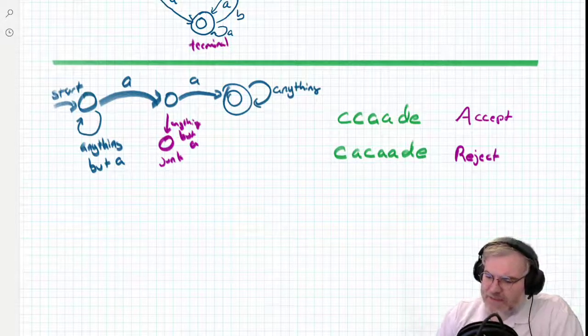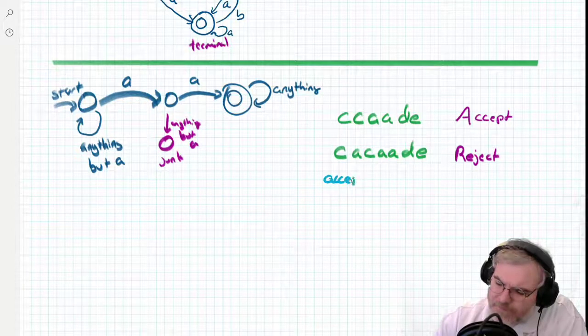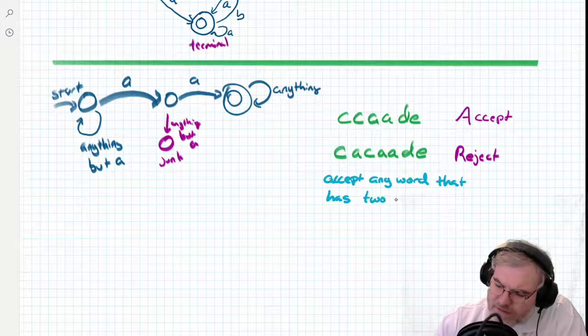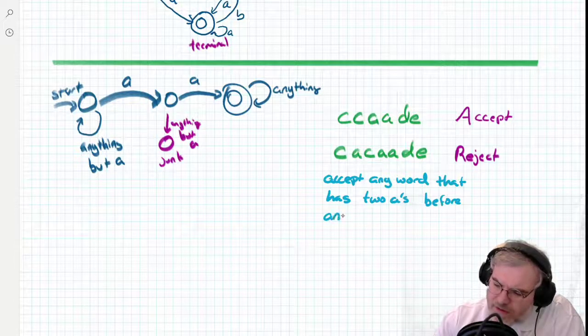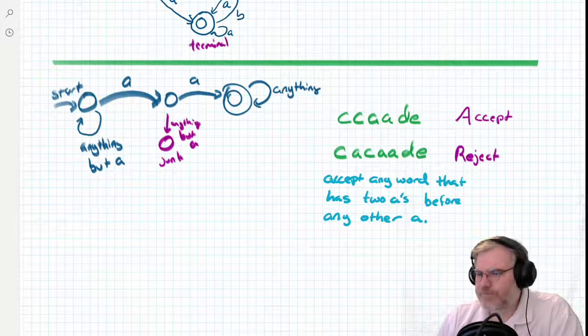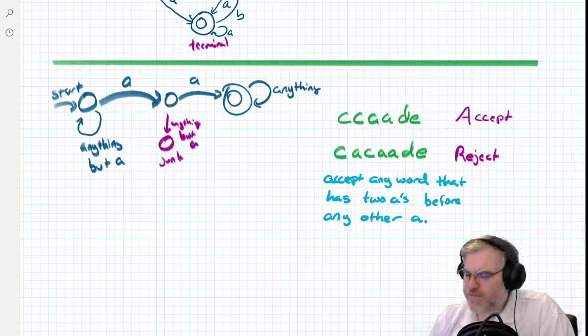But it's not anything with two A's back to back, because this has anything with two A's. Well, it's actually a little bit more than that, right? It will accept any word that has two A's before any other A. So if I wanted to do a regular expression for this, how would I do it?